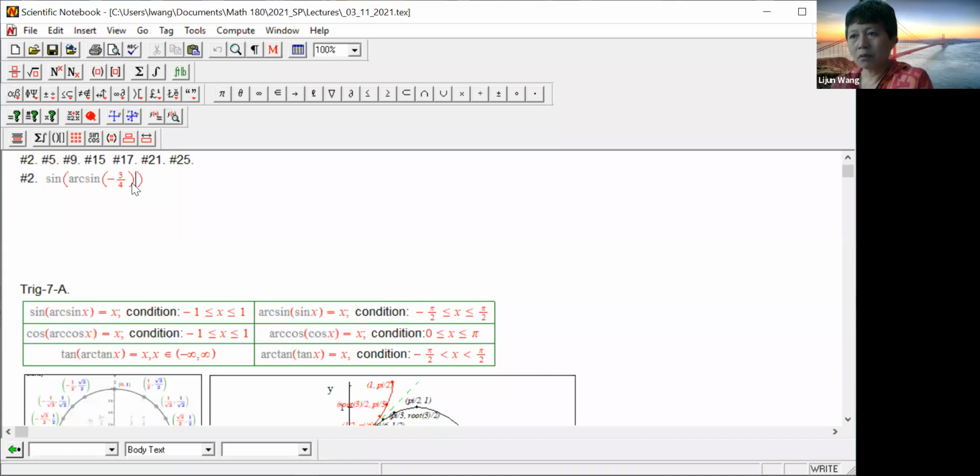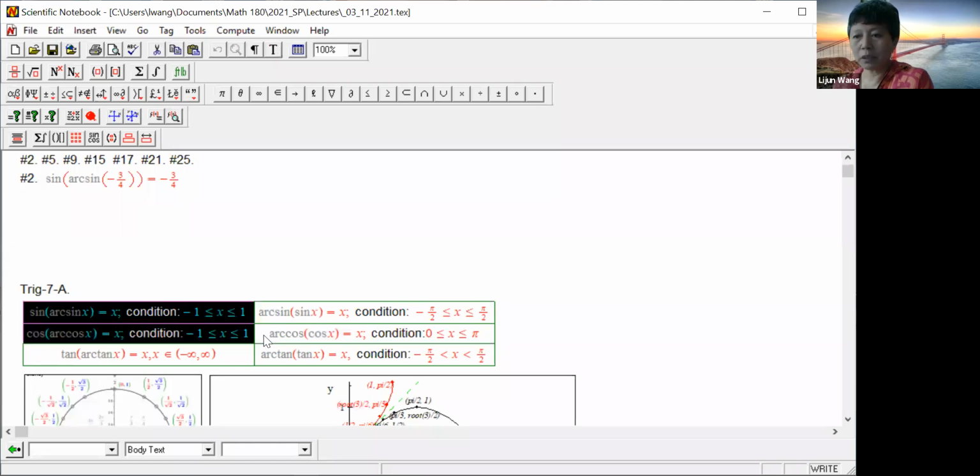So this is indeed in the domain of arc sine. If it's in the domain of arc sine, that means we can apply this property, because the condition is satisfied, and therefore this equals -3/4. You guys follow me?